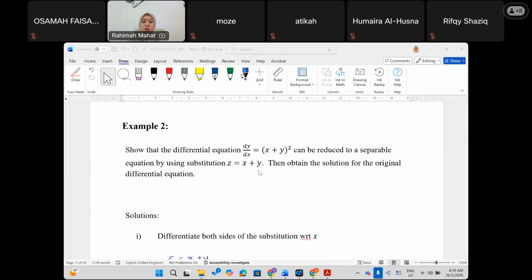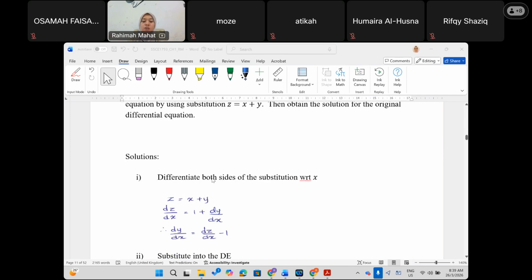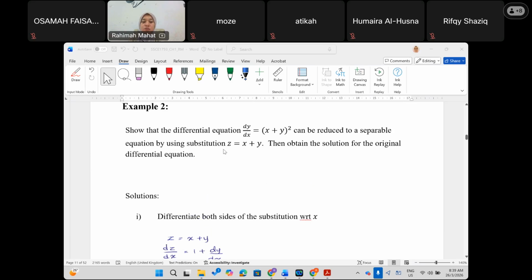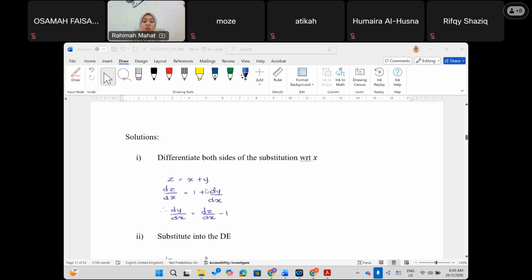So how do we solve this type of question? The first step is, we differentiate both sides of the substitution with respect to x. Given the substitution z is equal to x plus y, you differentiate both sides with respect to x.